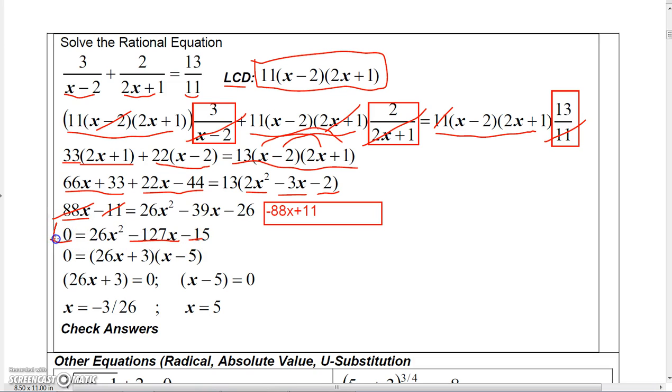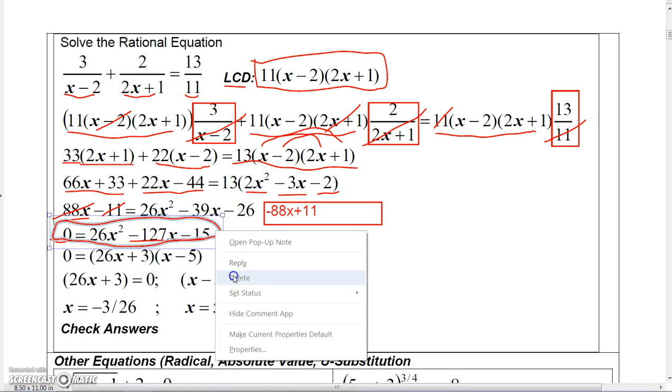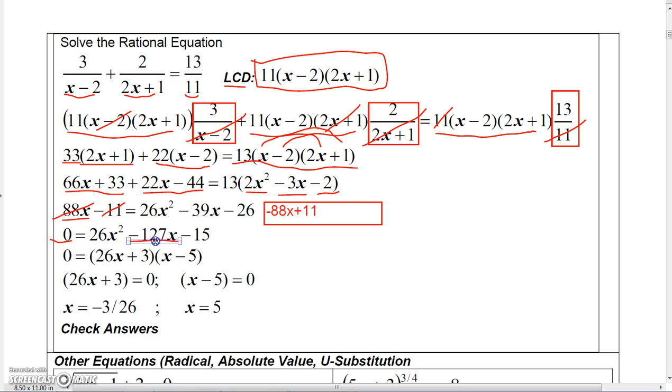But now I have a polynomial equation, and if I can factor this polynomial, then I'll be able to solve it. Because if I factor this, then I know since it equals 0, I can set each factor equal to 0 to solve it. Okay, so let's see. What are the factors?